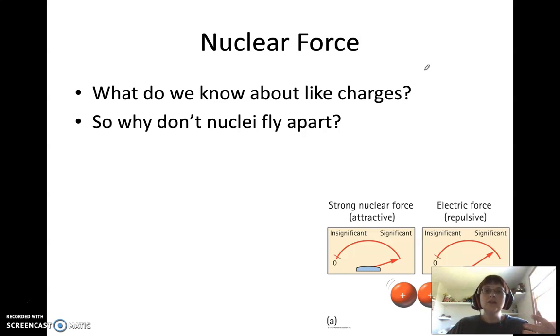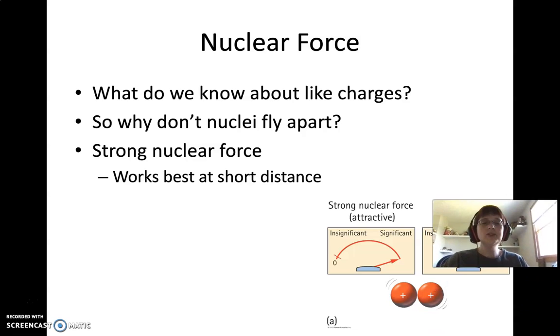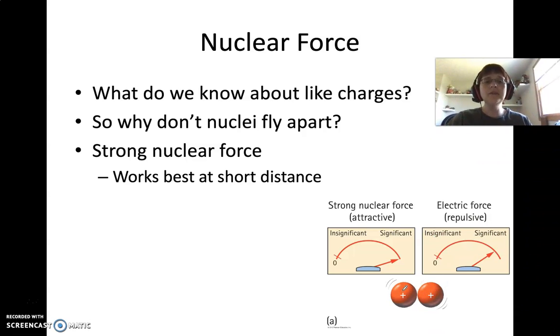Well, this is where nuclear force comes in. There is what we call the strong nuclear force that we discovered. The strong nuclear force is what keeps positive charges together, keeps these protons attracted to each other. The thing is that the strong nuclear force only works best at a short distance. You can see down here in our picture, they have to be very, very close in order for the strong nuclear force to be attractive.